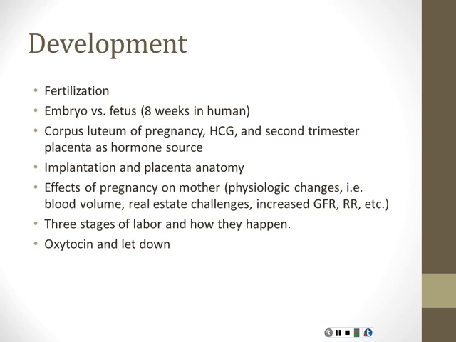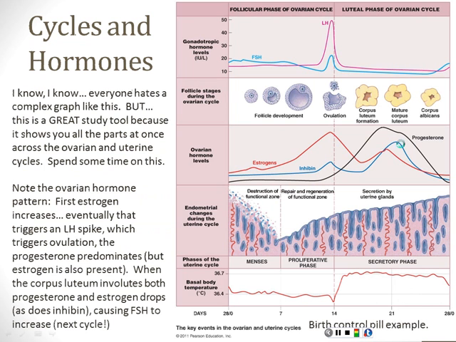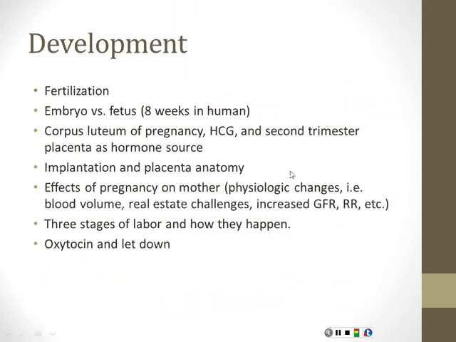So the progesterone and estrogen that it's making, see here, stays up instead of going down if there's HCG. HCG comes from the chorionic cells of the embryo. So HCG, human chorionic gonadotropin, is the hormone of pregnancy because it comes from a placenta. If you have a placenta, you're pregnant, right?